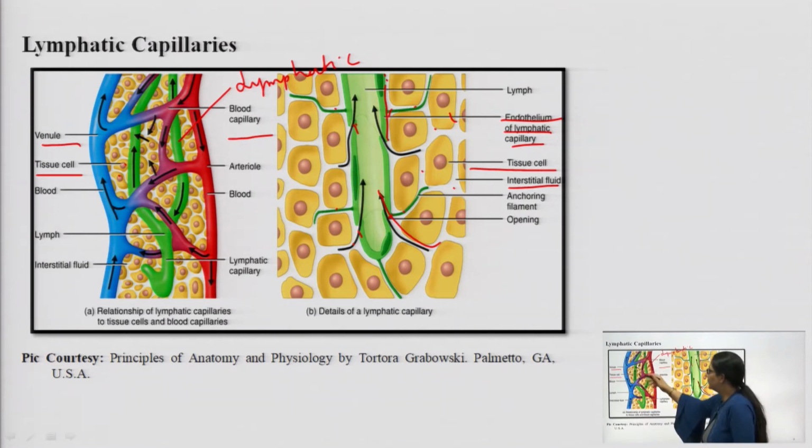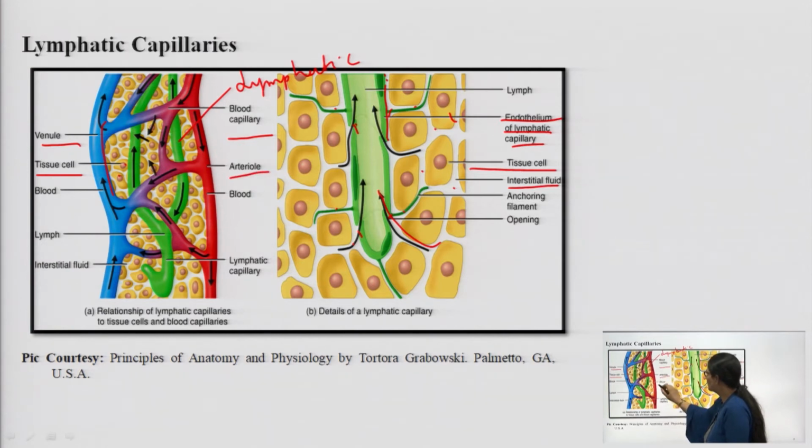The lymphatic capillary receives fluid from in between the tissues as interstitial fluid, and drains into the venous system, and through the venous system it enters the heart for further purification, and then circulates into the whole body in further circulatory movements.